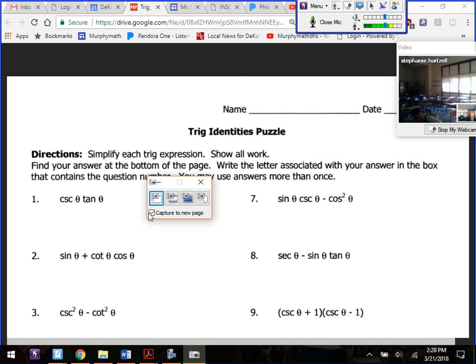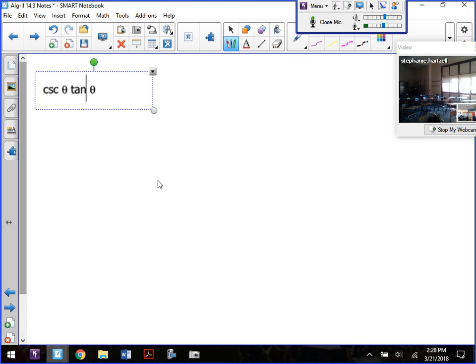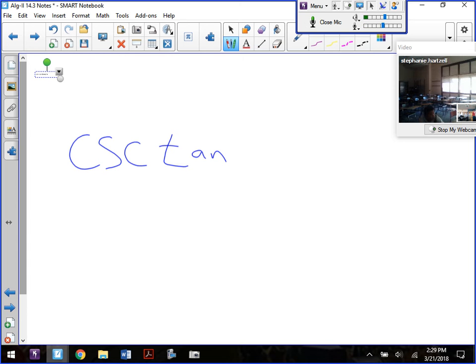For example, if I have cosecant and tangent, both of those can easily be rewritten in terms of sines and cosines. Do you agree? Okay.